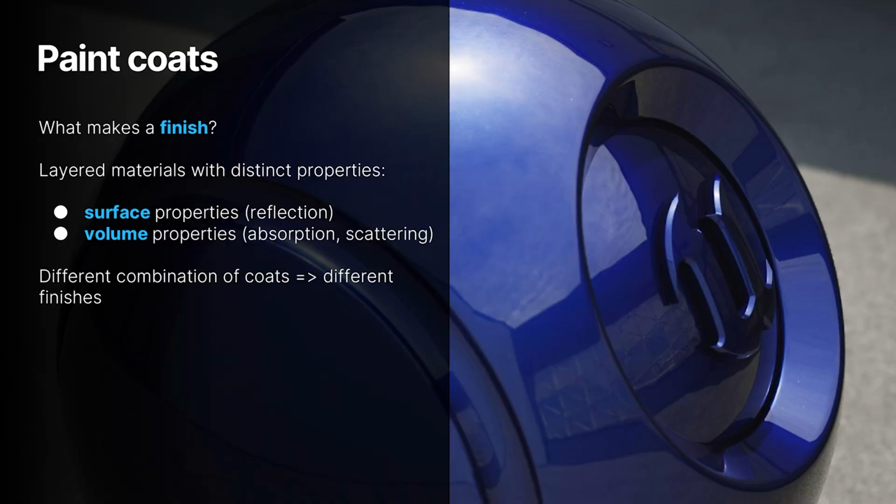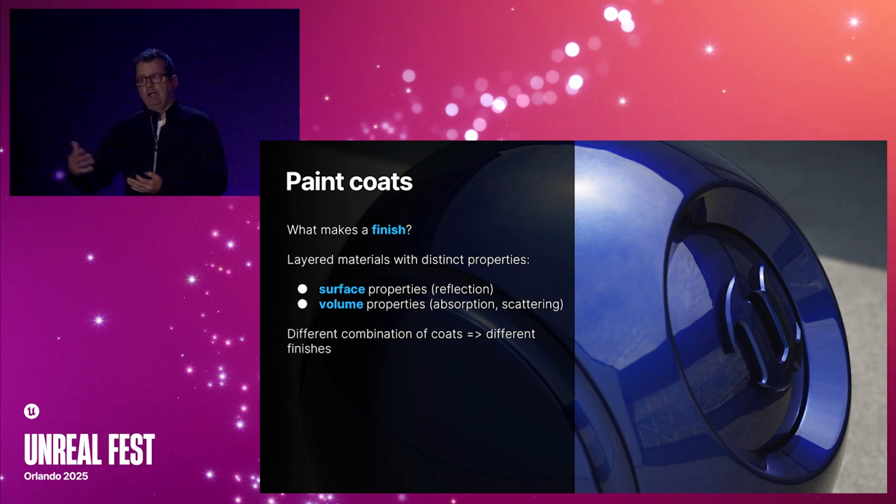So if you're working in the automotive industry, one question you may have is, okay, how do I create paint coats? So let's have a look at how a real paint is structured and how you will recreate that with Substrate.